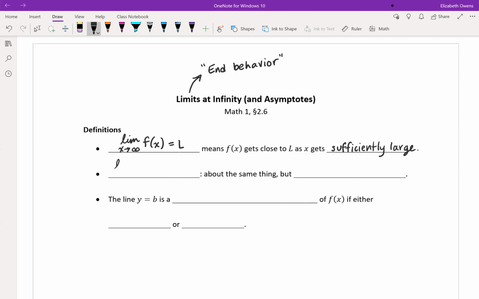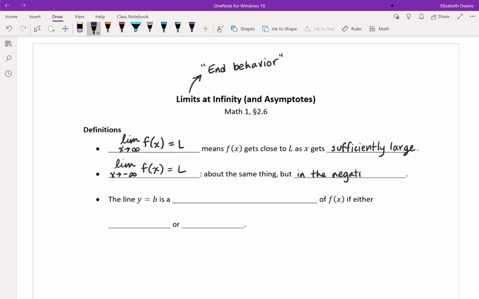Now, for our next definition, we could approach negative infinity. So the limit as x approaches negative infinity of f of x equals L. That means about the same thing as above. f of x gets close to L as x gets sufficiently large, but in the negative direction.